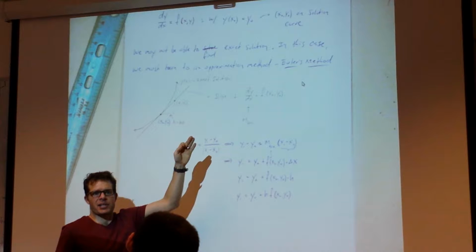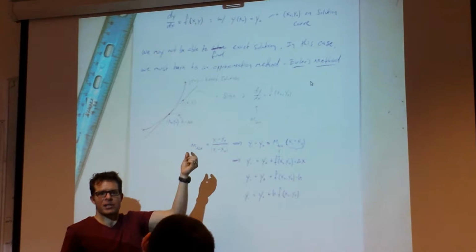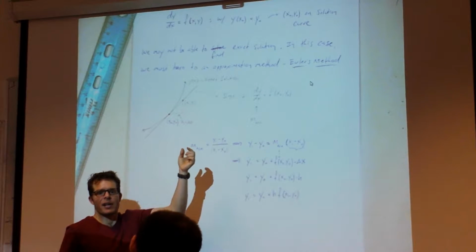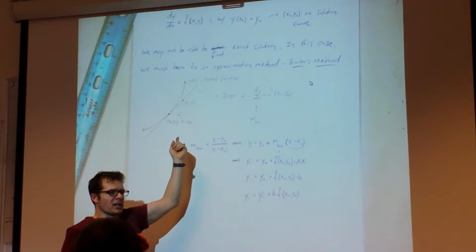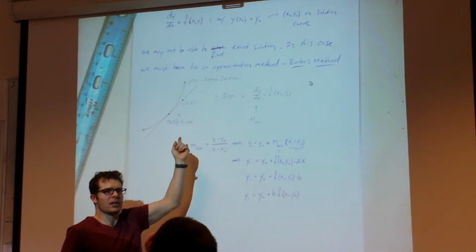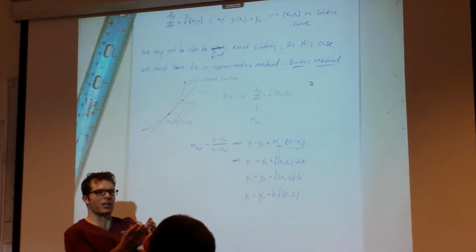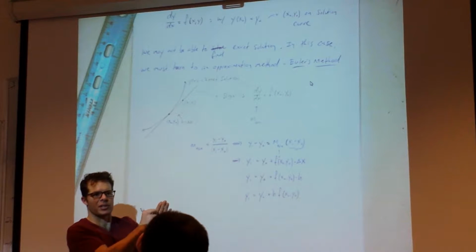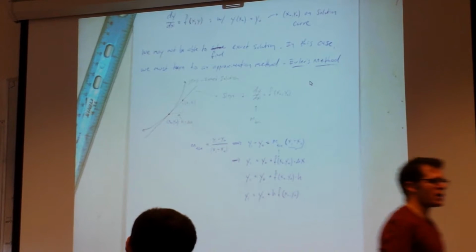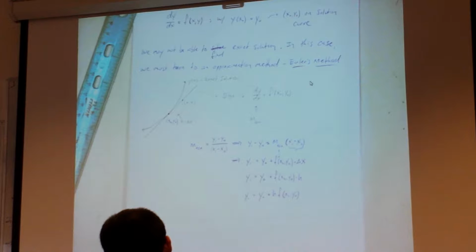We follow that tangent line again, the same distance, delta x or h, and recalculate y2. We find a value y2 that's going to be very close to the exact curve. Okay? We stop there, recalculate the slope of the tangent line at that instant, go off again a small distance away. And so this is an iterative technique.